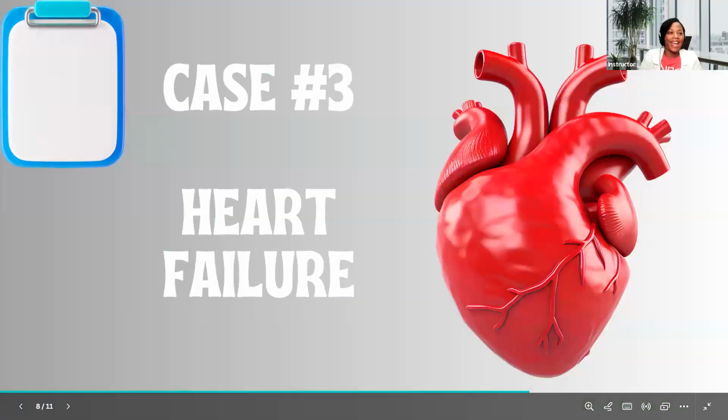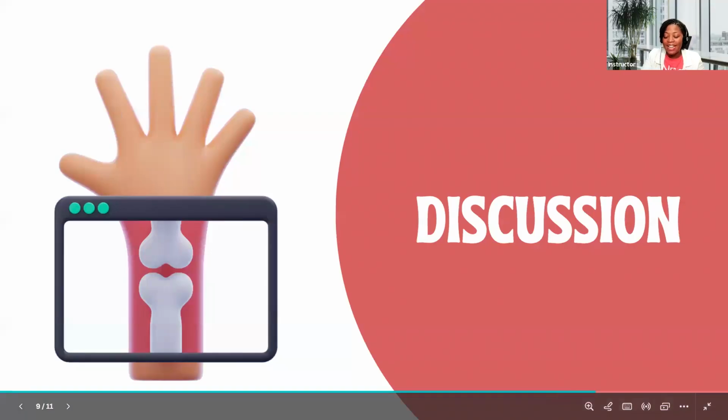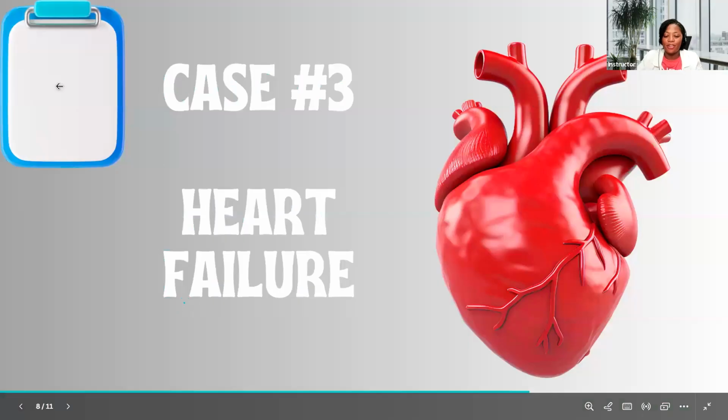And then our final case, which is going to take us onto the medical units, is a patient dealing with heart failure. All right. So that's what our plan is for this hour. And so let's go ahead and get into it. And at the end of our cases, we'll have a discussion, if anything, wrap it up, and then I'll give you back your day. All right. So that's the flow for the day.